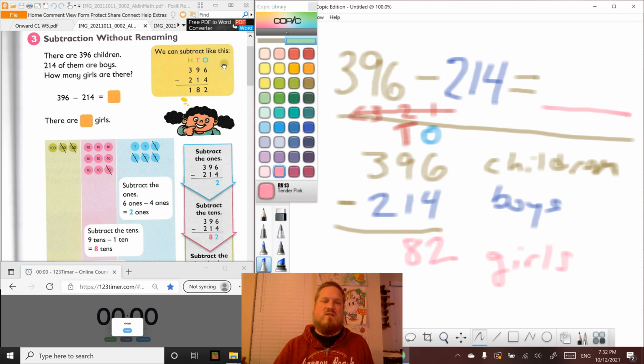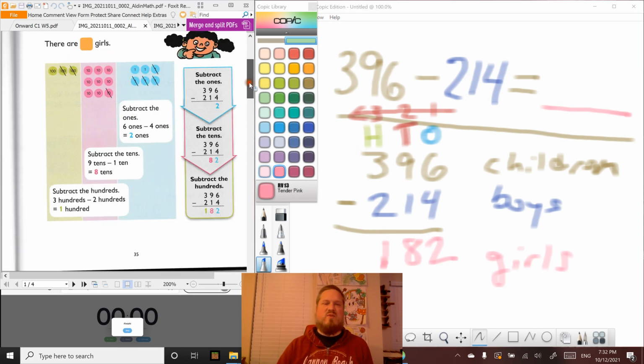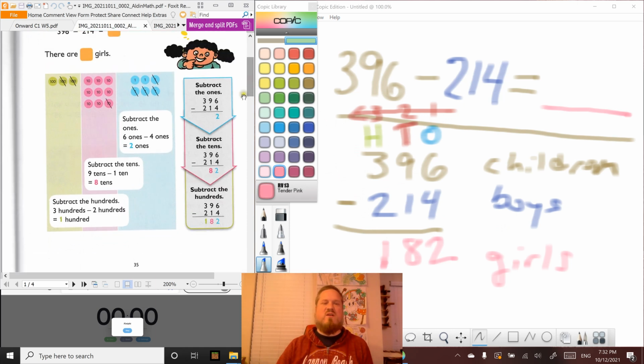And then the hundreds column, because that's the next one when we're going from right to left. 3 minus 2, what? 182, just like it says right there. All right, 182 girls.